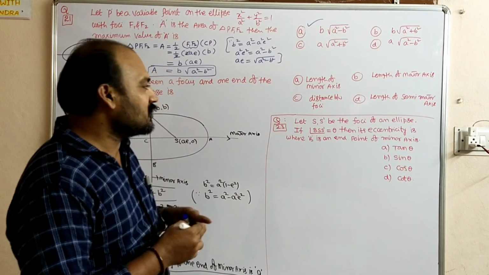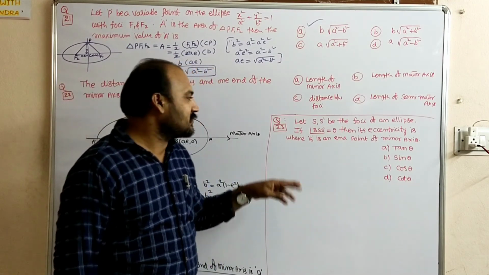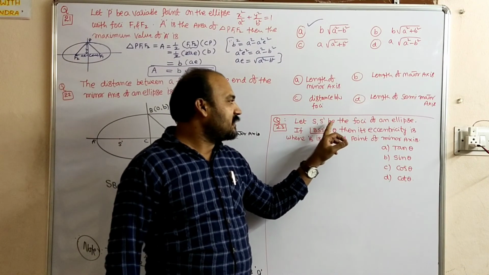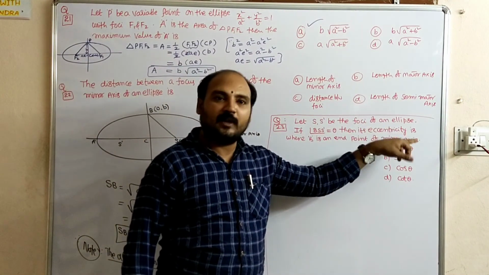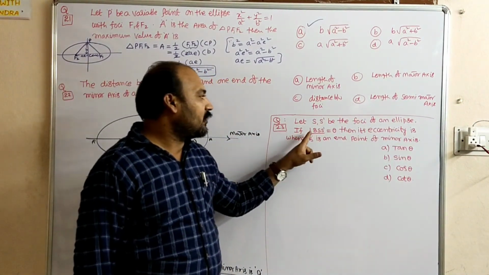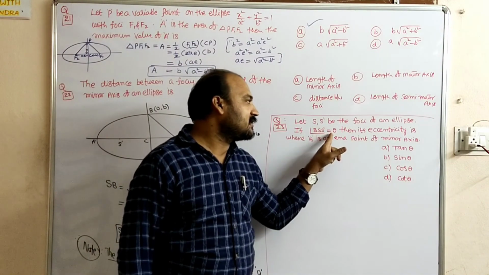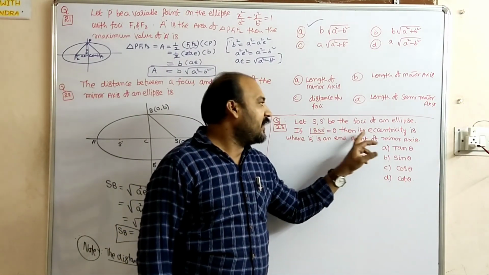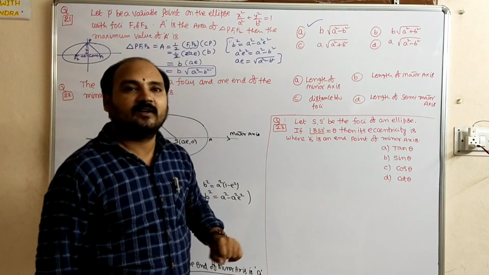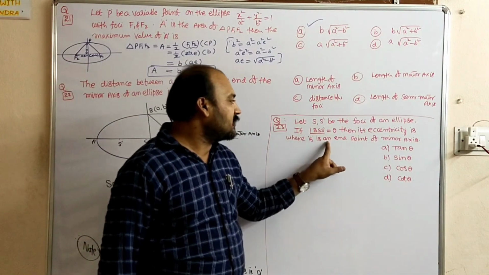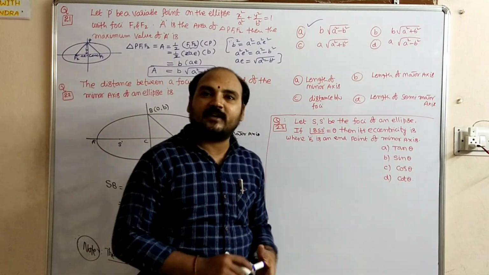What is the third last question in this session, dear students? Let S comma S dash be the foci of an ellipse. If angle BSS dash equal to theta, then its eccentricity is, where B represents an end point of the minor axis.